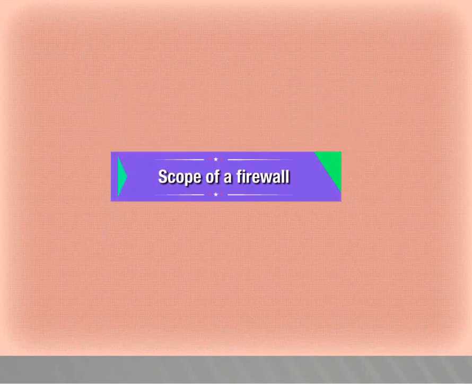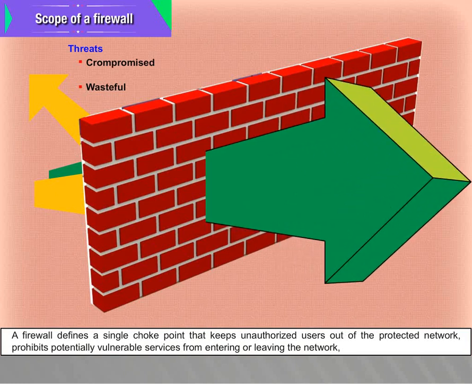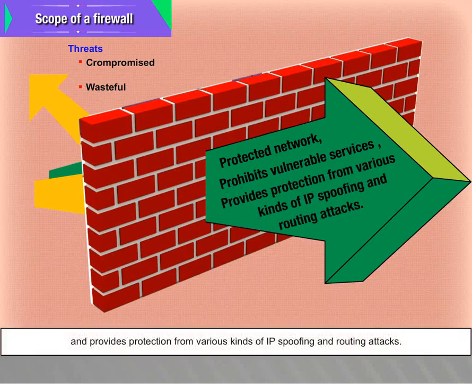Scope of a firewall. A firewall defines a single choke point that keeps unauthorized users out of the protected network, prohibits potentially vulnerable services from entering or leaving the network, and provides protection from various kinds of IP spoofing and routing attacks.